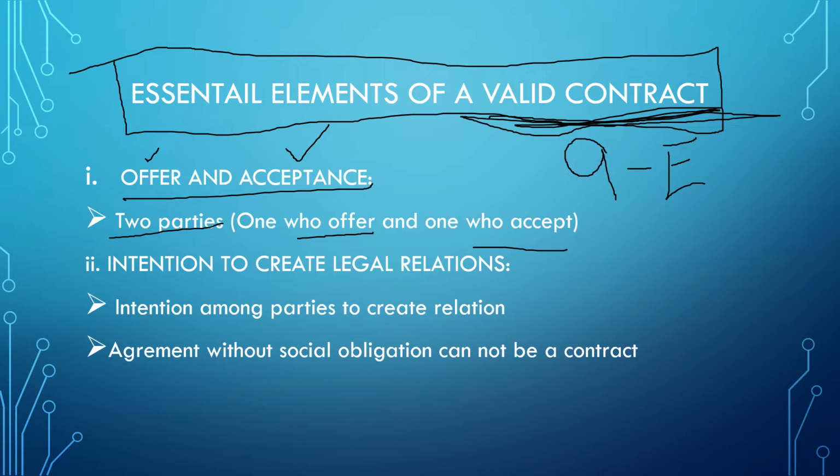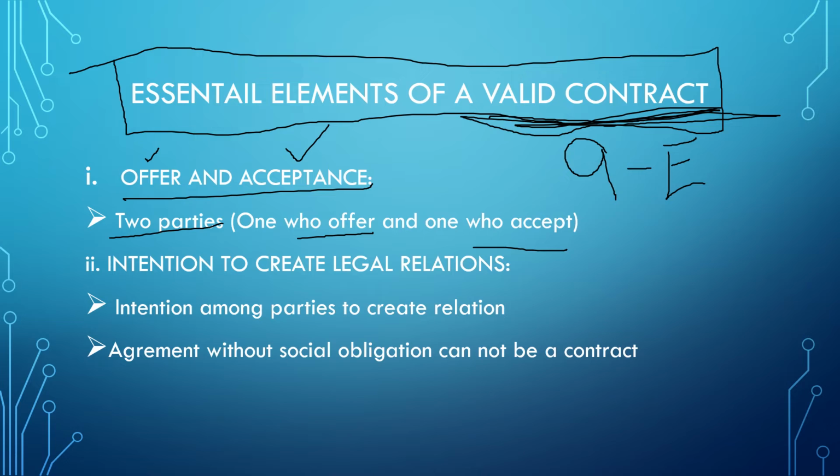For example, if a person X is selling his land for 3 lakhs, that is an offer. When a particular person accepts to buy that land for 3 lakhs, that is an acceptance.